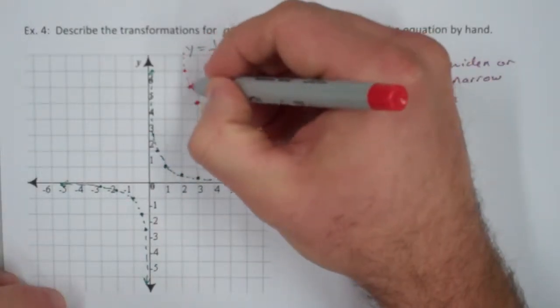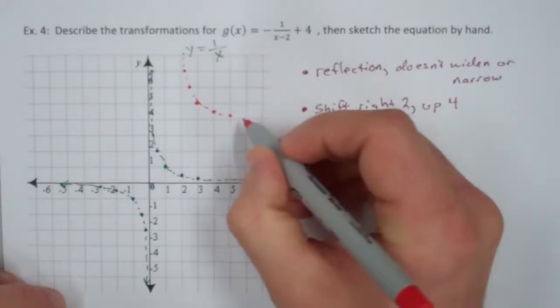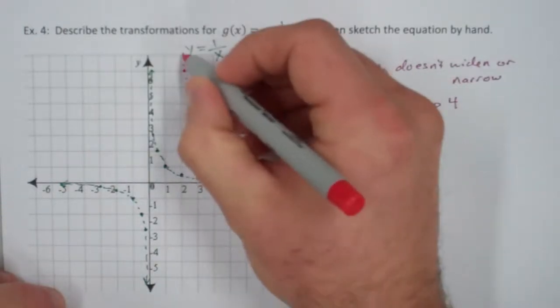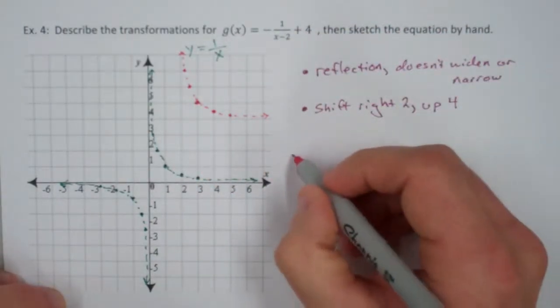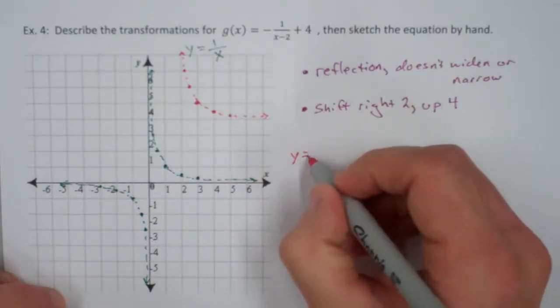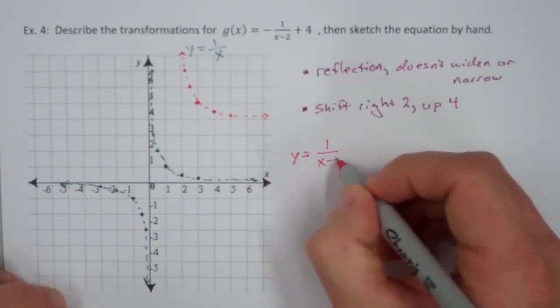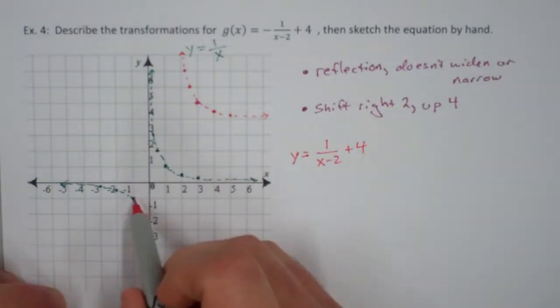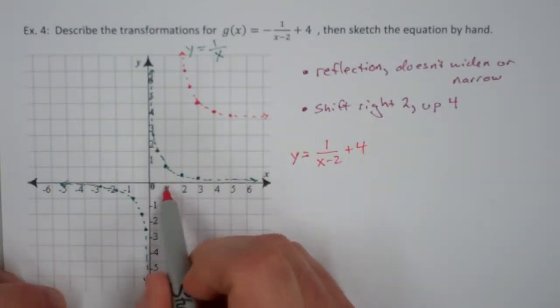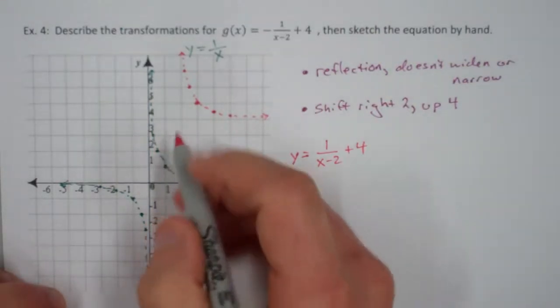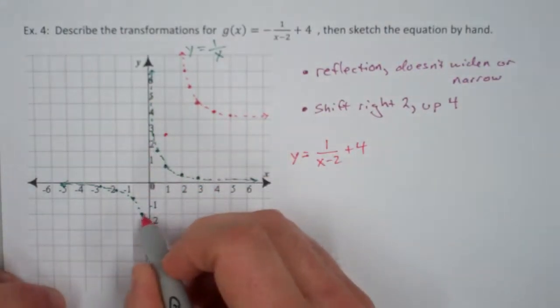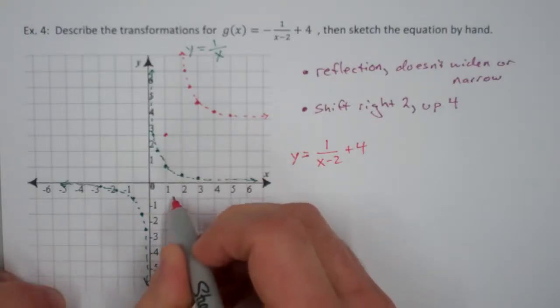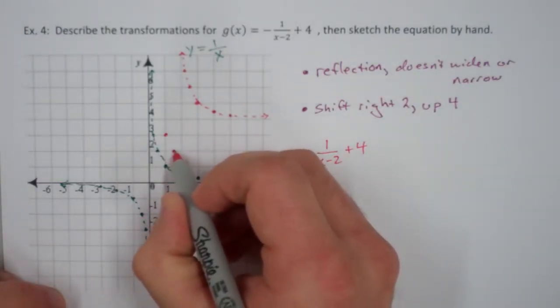So this is again a helper graph, just to show you the effect of these things. The graph that we're graphing in red here is y is equal to 1 over x minus 2, plus 4. We haven't done anything with the reflection, we're just working with a shift. This one will be right 2, up 4, 1, 2, 3, 4. And this one will be right 2, up 1, 2, 3, 4.